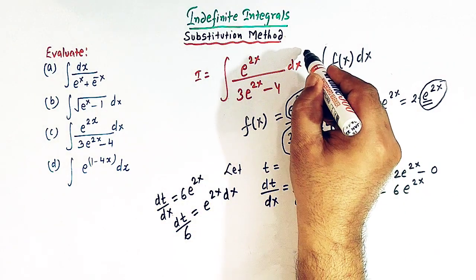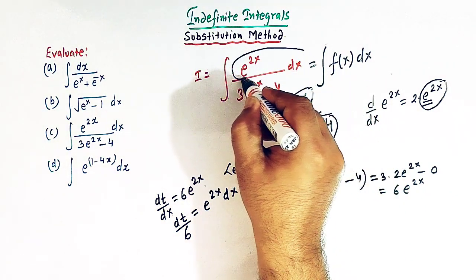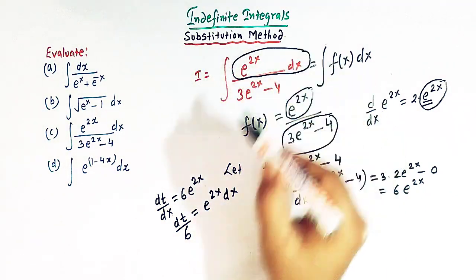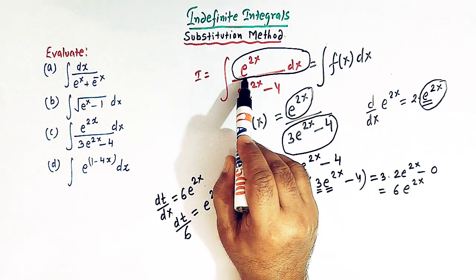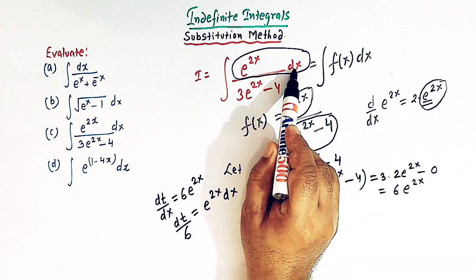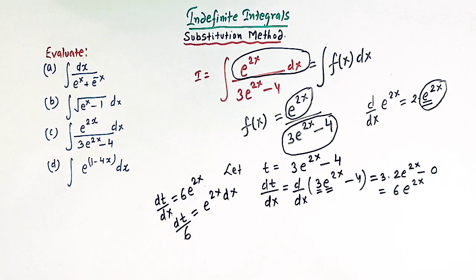So viewers, now we have a term containing t, that is dt over 6 for e raised to 2x times dx.